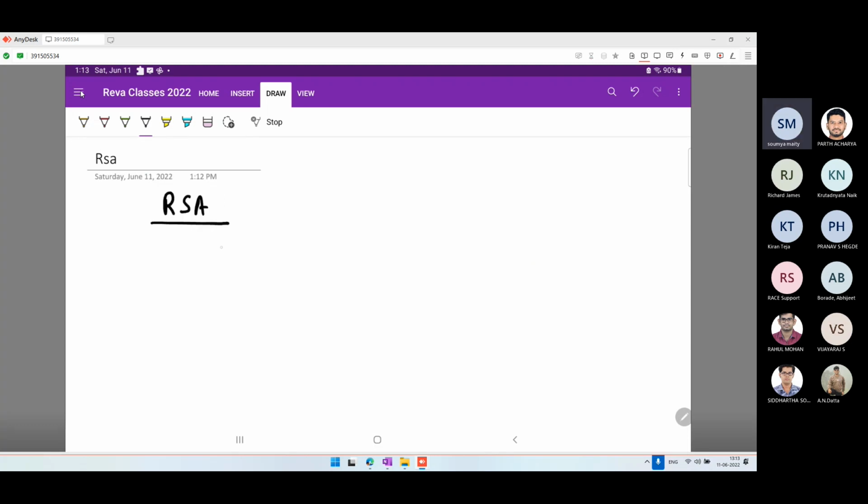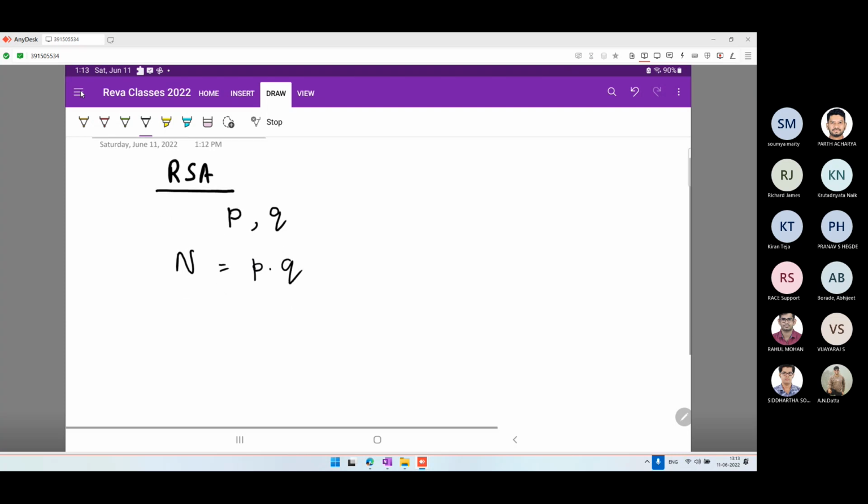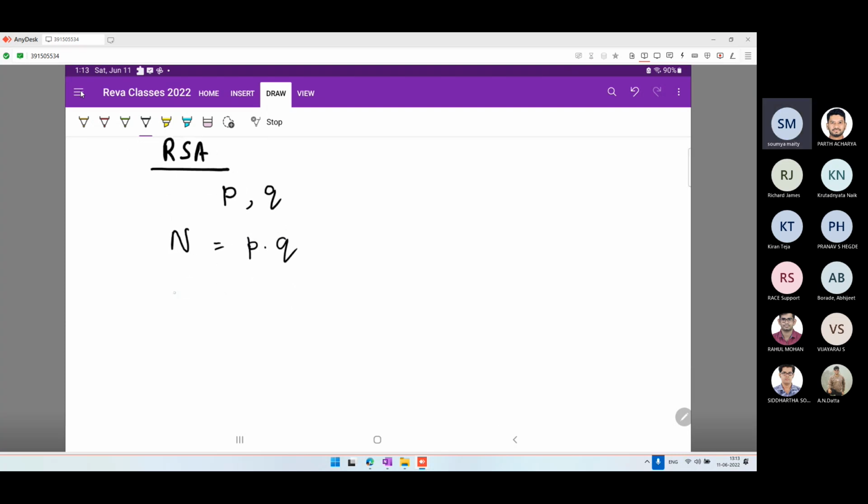When a computer generates a pair of private and public keys, how does it do it? It first generates two big prime numbers. The next step is N, let us write it capital N, equals P into Q. Now, for any other computer, phi of n is very difficult to calculate.